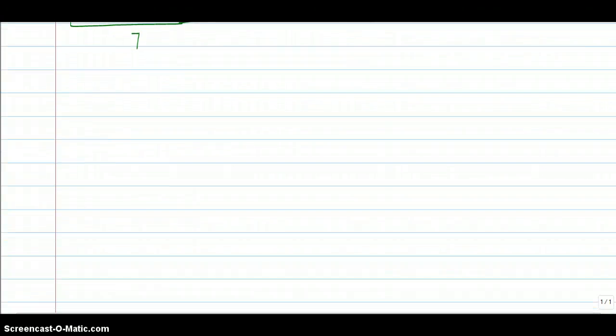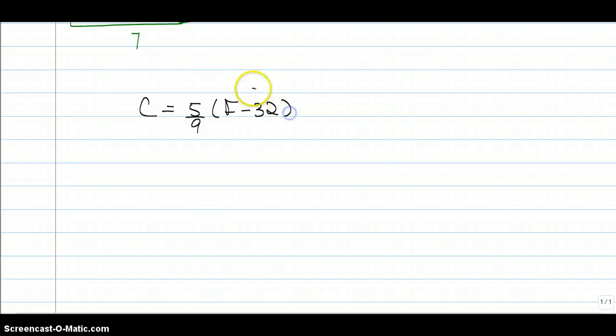Now let's look at another formula, the temperature formula. C is equal to 5/9 times F minus 32, and they want us to solve for F. So I look at this and I see this F is embedded in the parentheses, and then outside of the parentheses I'm multiplying by 5/9.